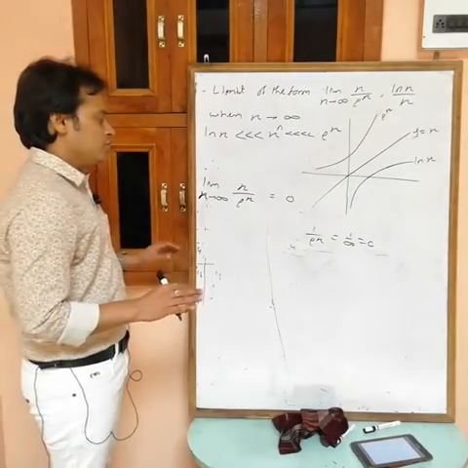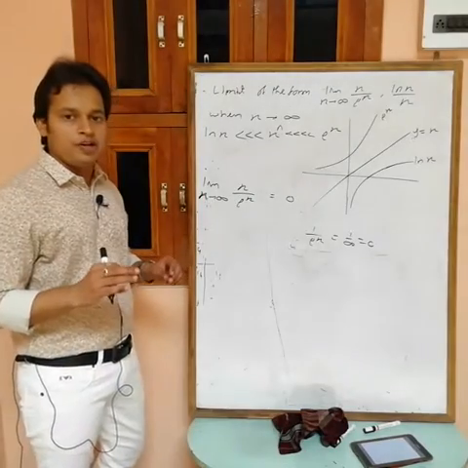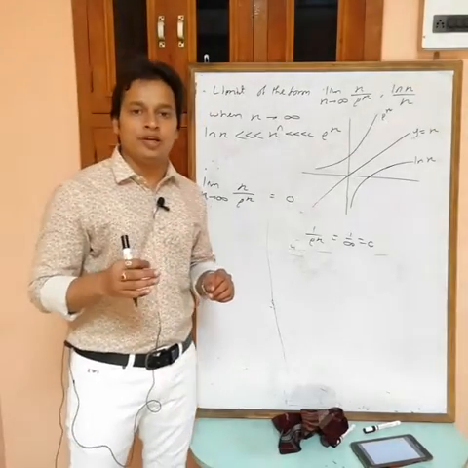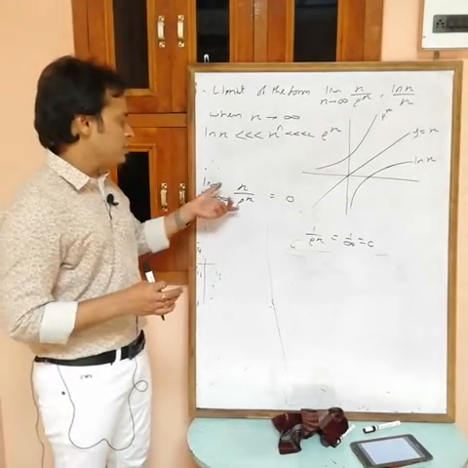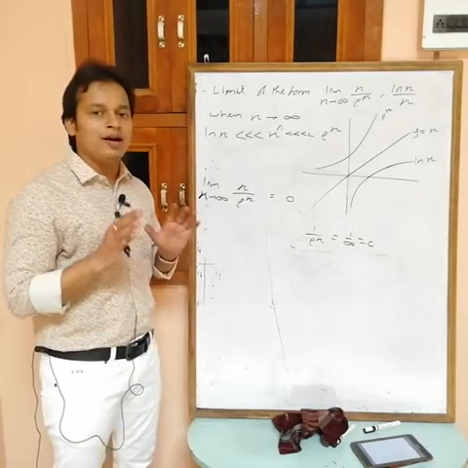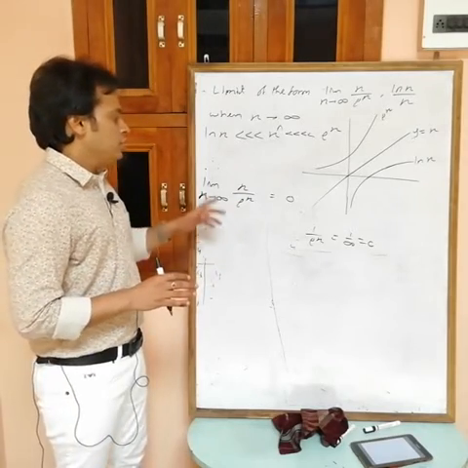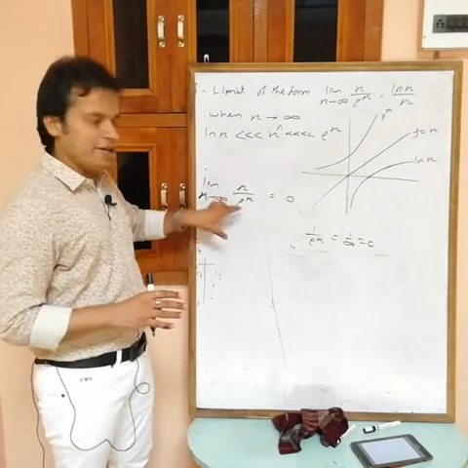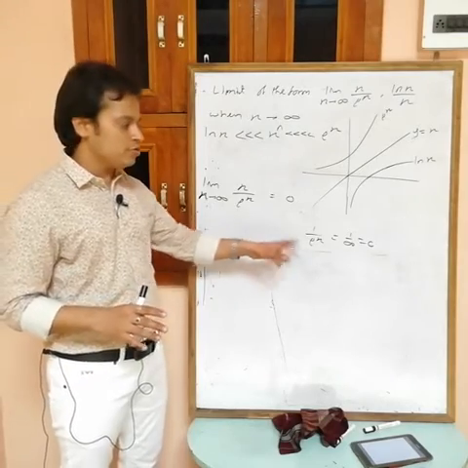So here we have infinity by infinity form, but these are comparable. Initially we are saying that both are infinity, but these infinities are comparable. Answer is 0. Infinity by infinity is an indeterminate form, so you can use L'Hopital also.